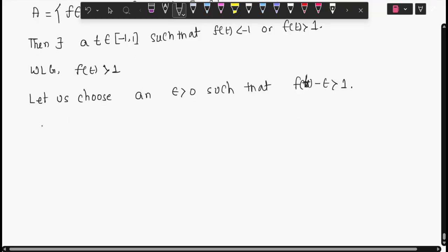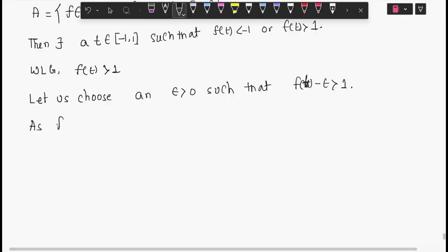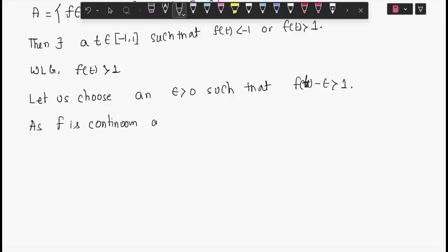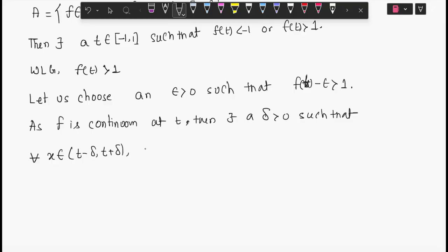Now the thing is that as f is continuous at t, there exists a delta greater than 0 such that for all x belonging to (t minus delta, t plus delta), f(x) belongs to (f(t) minus epsilon, f(t) plus epsilon).